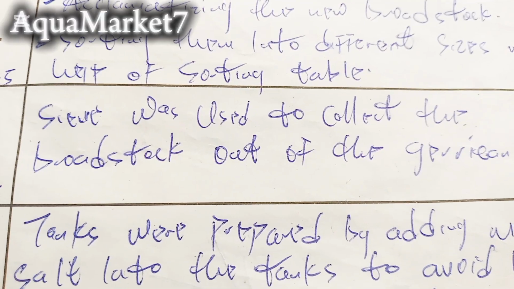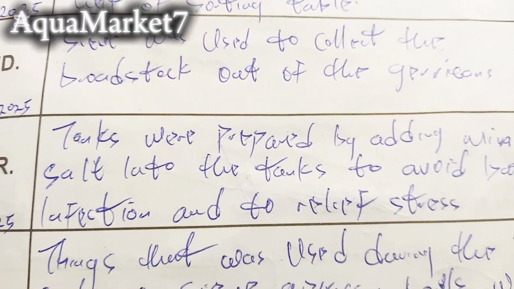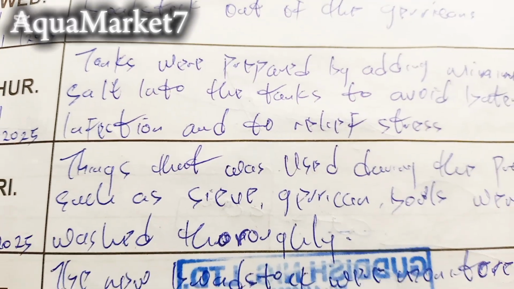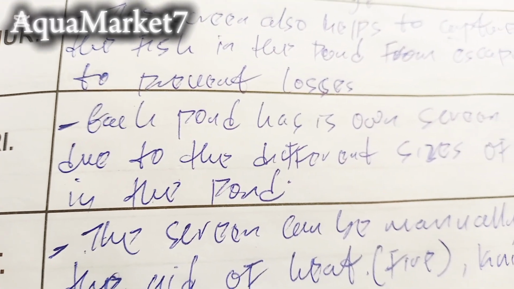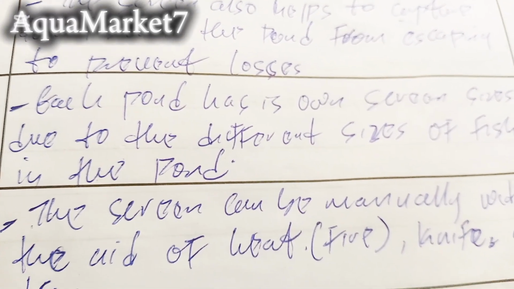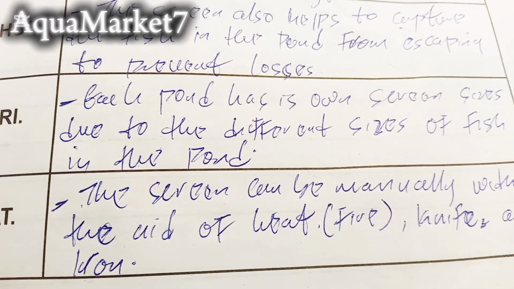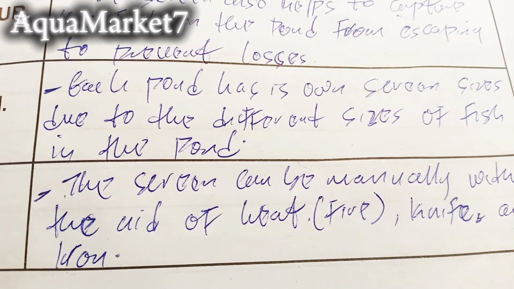Example, the ponds were washed to create a fresh environment for the fingerlings. Not writing like the ponds are washed to create a fresh environment. Using correct tense makes your report more professional and grammatically correct.